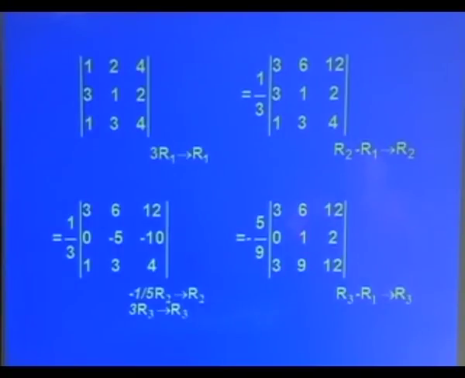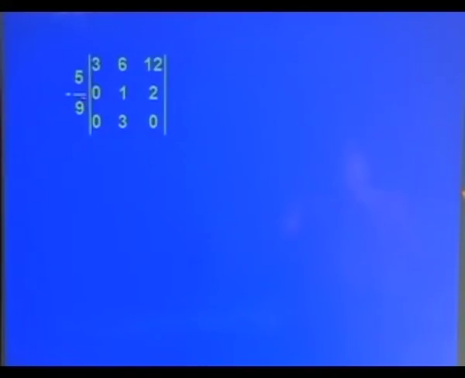Now, again I can apply this operation. The third row is changed by R3 minus R1, because these two rows are identical now. So this element is identical. If I subtract, I will get 0, then 1, 2, 0, 3 and 0.